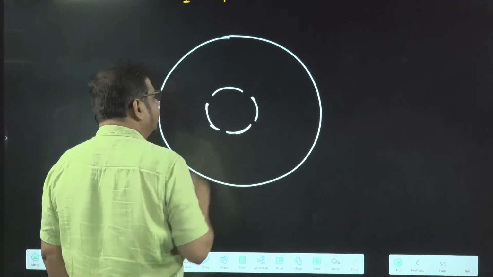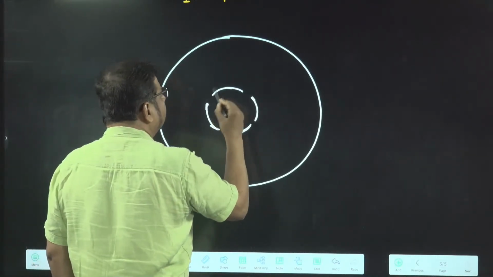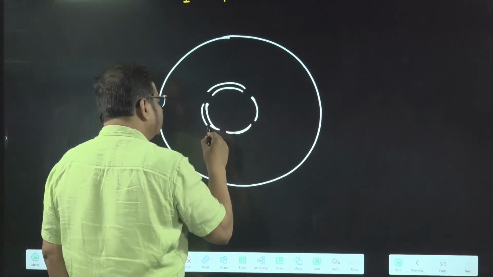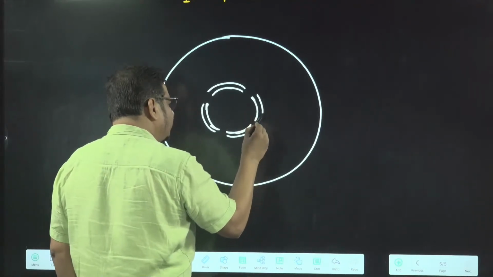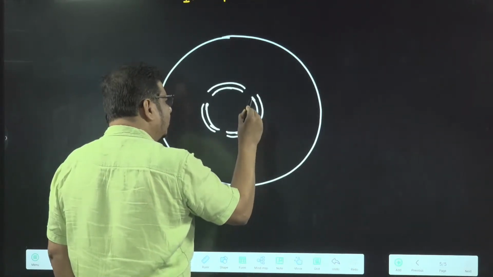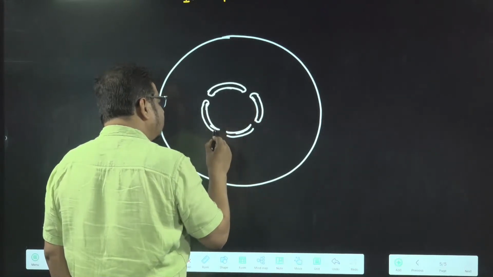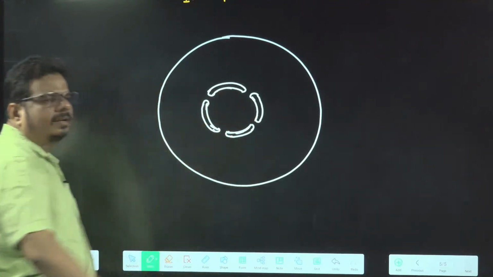So this is the outer membrane, inner membrane, this is the outer membrane. Both are present parallel to each other. And these membranes fuse at certain intervals.